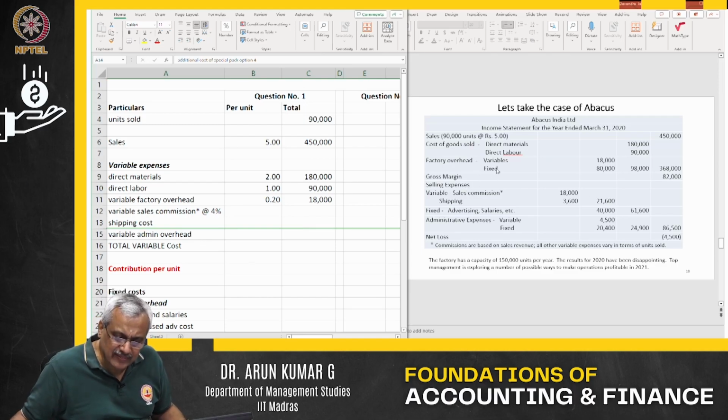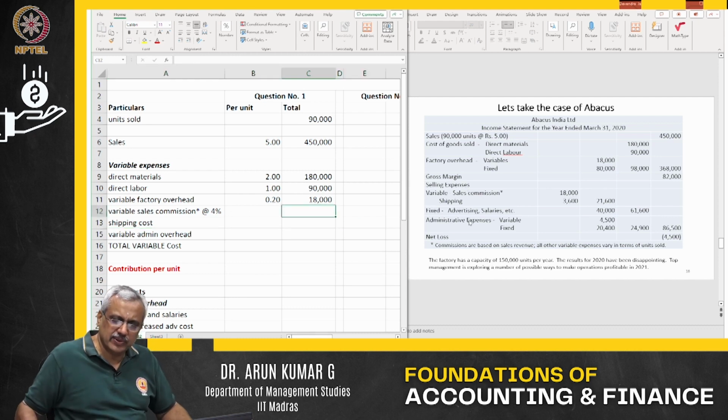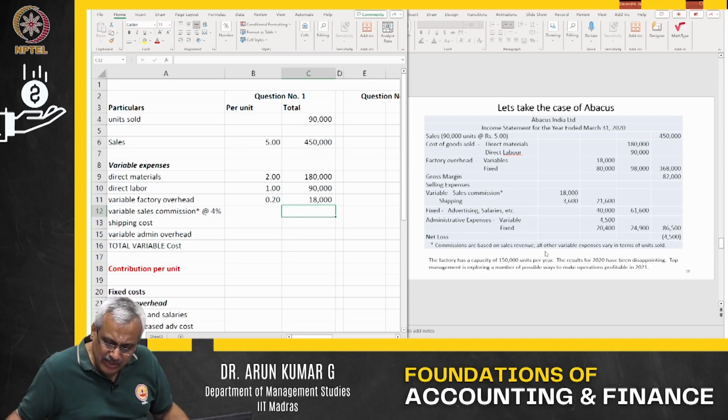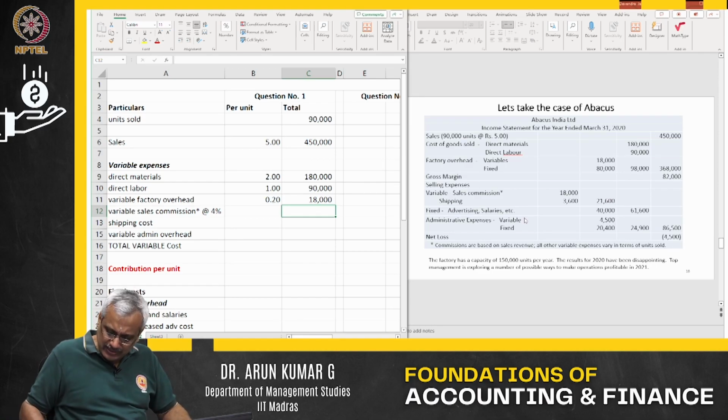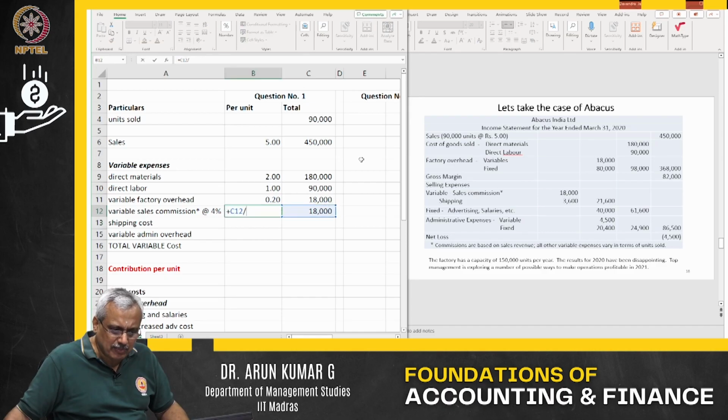Next, there is a fixed cost, gross margin, selling expenses, variable selling commission is about 18,000 rupees. But they say commissions are based on sales revenue, other variable expenditure on units sold. So, sales revenue, this is again 18,000. That means per unit it is going to be 0.20.